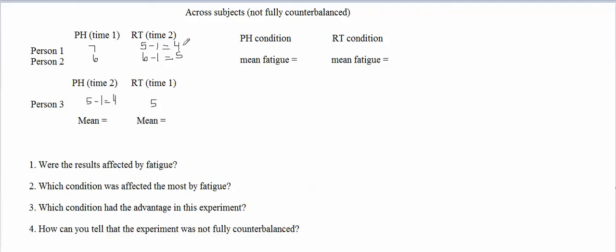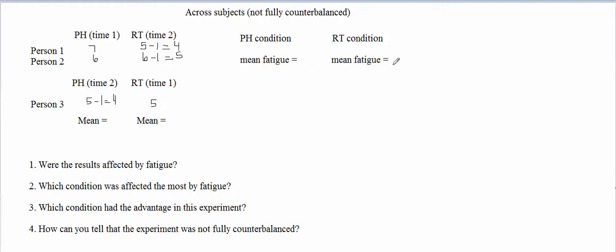Remember, time 1 is a fatigue of 0, time 2 is a fatigue of 1, so the fatigue scores would be 0, 0, 1. You would add those three numbers, 0 plus 0 plus 1, and divide by 3. That's the mean fatigue of the Pizza Hut condition. The fatigue scores in the Roundtable condition are 1, 1, 0. So you would add those three numbers and divide the total by 3 to get the mean fatigue of the Roundtable condition.